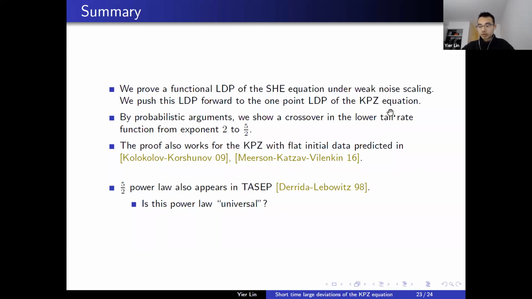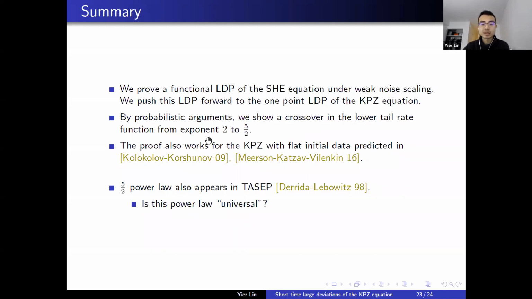Different from the physics heuristic, where certain issues appear in making sense of the PDE argument, if you work at the level of the stochastic heat equation and deal with the variational form of this one-point rate function, you can apply a probabilistic argument, and you can show there's a crossover in the lower tail rate function, from the Gaussian tail exponent to the 5/2 power law.